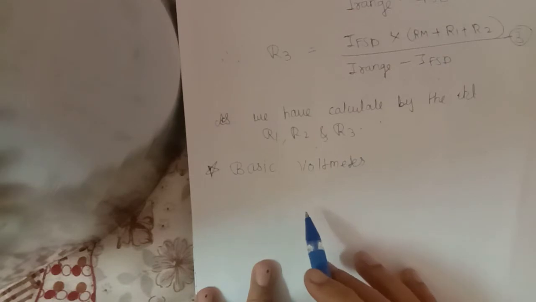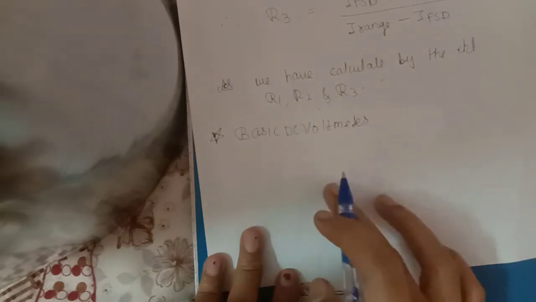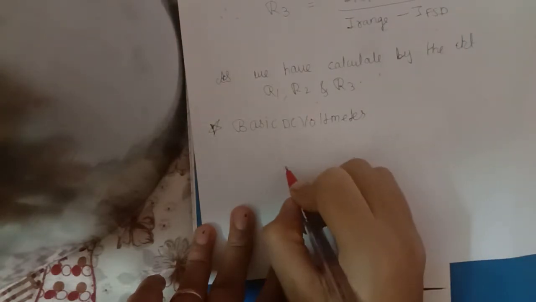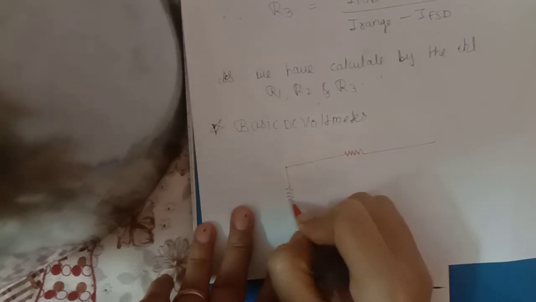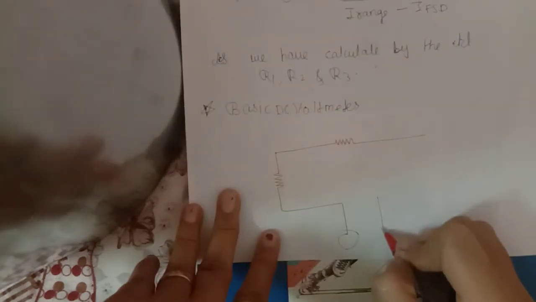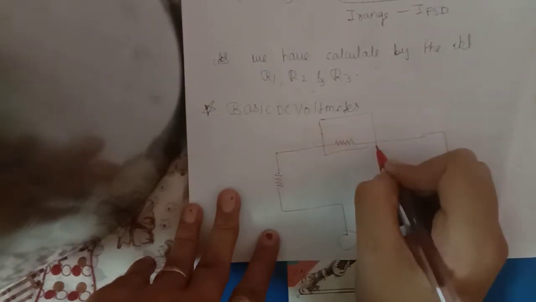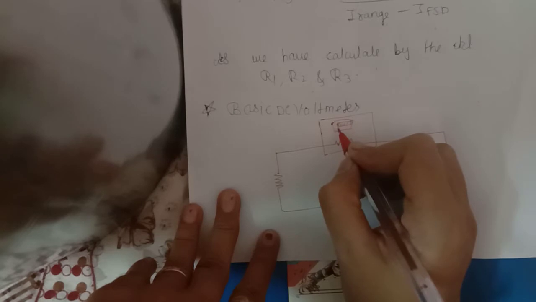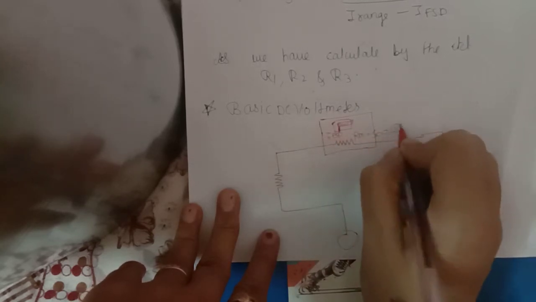Now we will see the basic DC voltmeter. We will see the diagram of the DC voltmeter first. This is a resistor, this is a meter, with IFSD equal to 100 microamperes and Rm equal to 500 ohms.